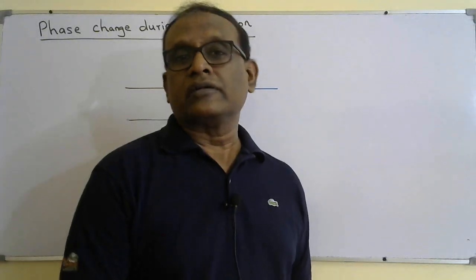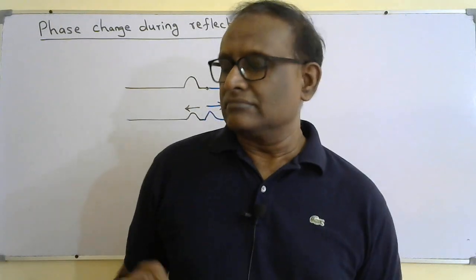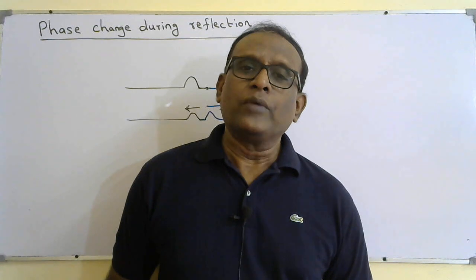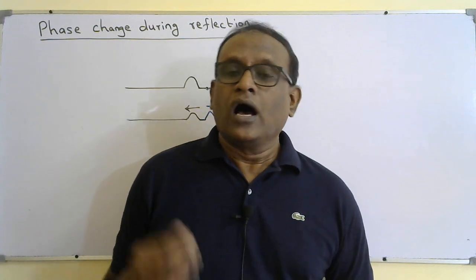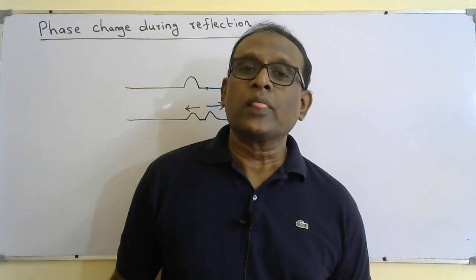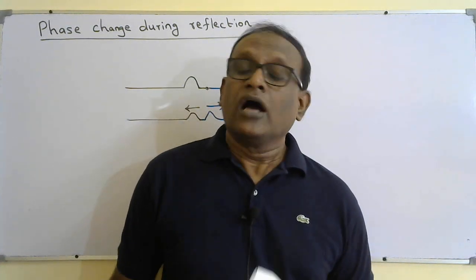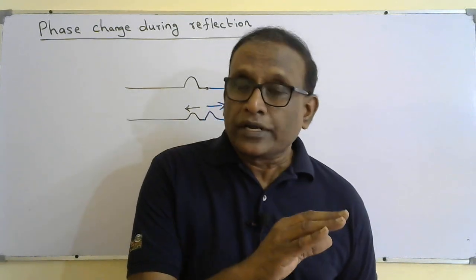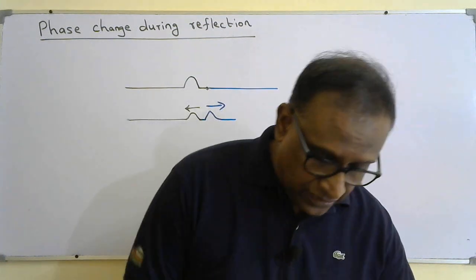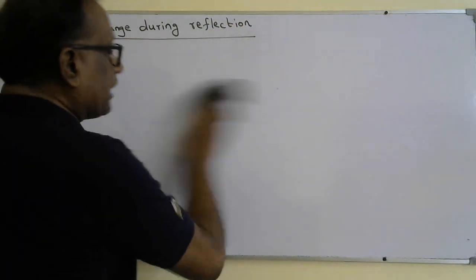And one more thing about reflection of light. For light, that is also not much used in your past papers, but anyway, when light reflects from a lower refractive index medium to a higher refractive index medium, say for example, when light reflects from the air-glass boundary.